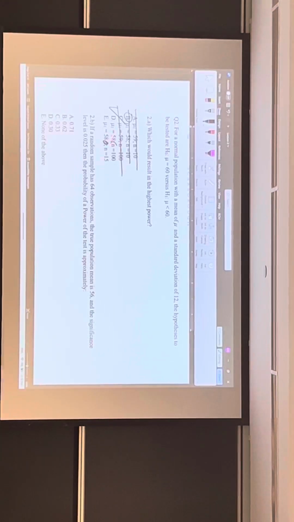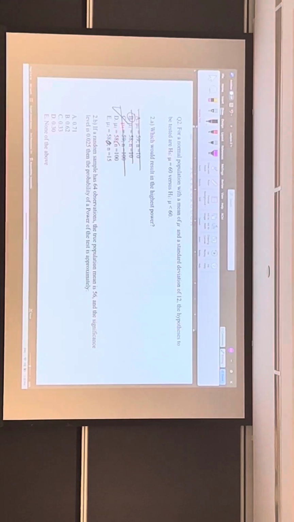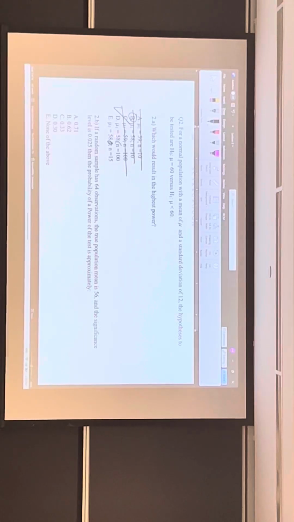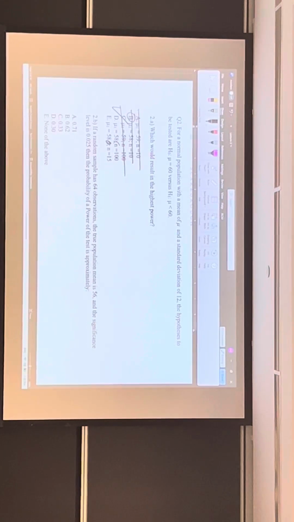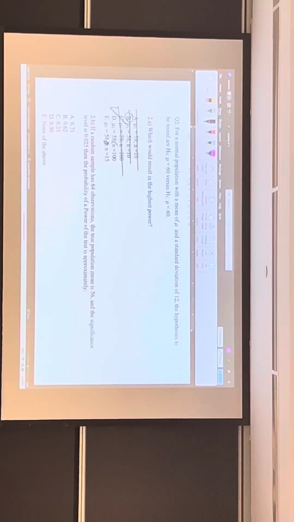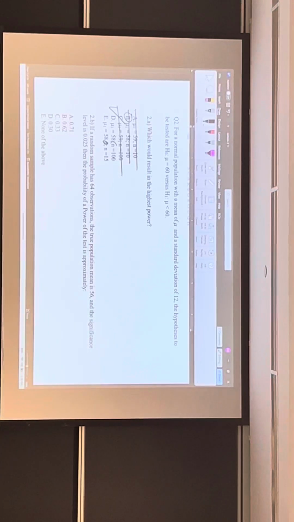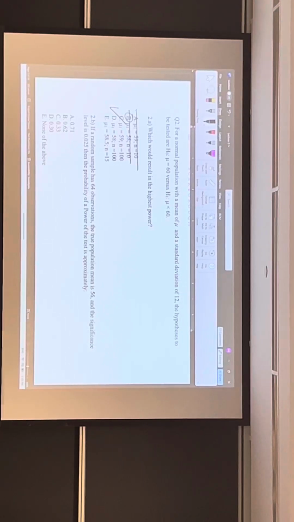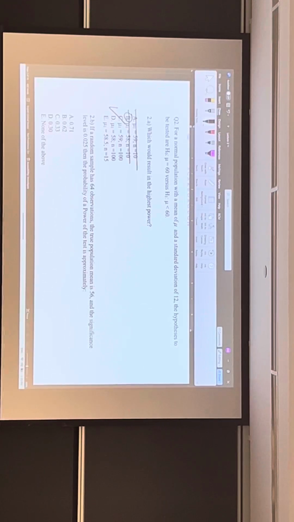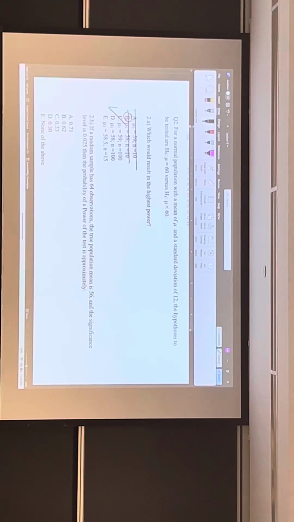Even if you flip it and make the alternative closer, the sample size is like 6 times more, so more likely the sample size will dominate. But in this case, you have the answer on both sides. As a result, D will give us more power.